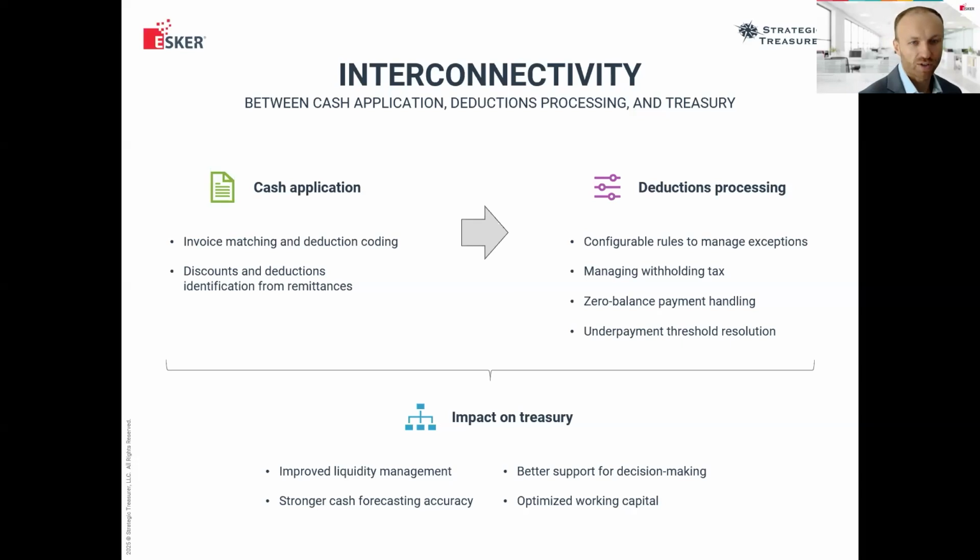But also that can change when you're using an automated solution, as far as, hey, maybe we do raise or lower that threshold so that we can collect more, because we do have the ability to spend less time in researching these deductions, these short pays, these claims, however you want to say it. So all in all, interconnectivity between these two. And I know that, Craig, you're going to get into the impact on Treasury, but it's really important to have visibility and integration between the two systems if you're going to automate.